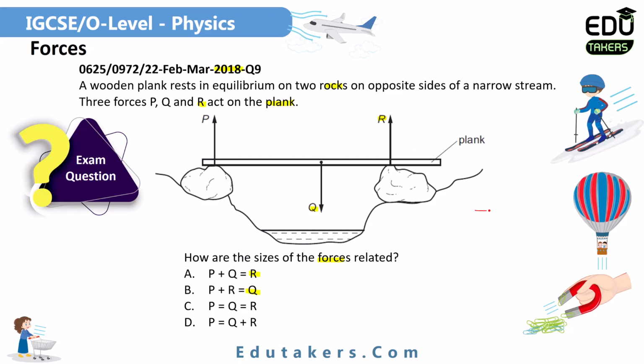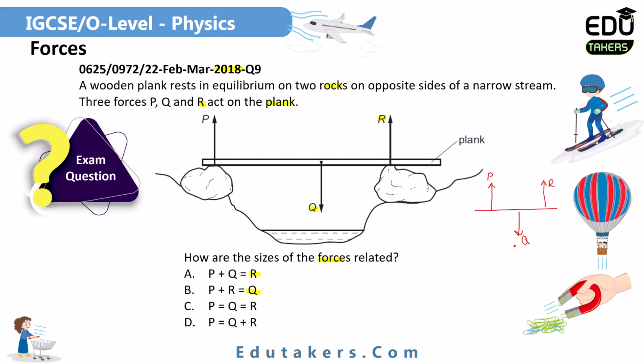So I consider it's a plank. One force is acting here, P, the second force is acting here, R, and the third force is acting here, Q. So first of all, see here how many forces are acting in upward direction and how many forces are acting in downward direction.